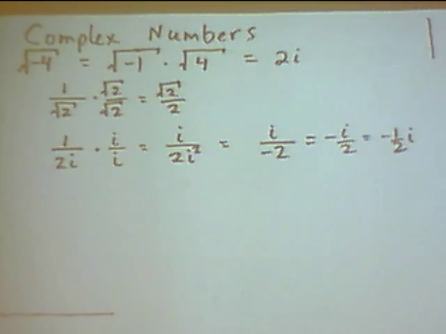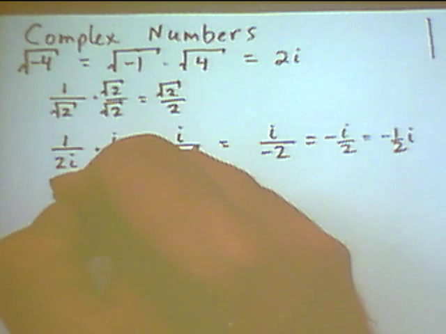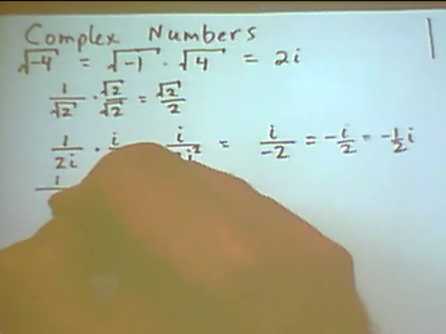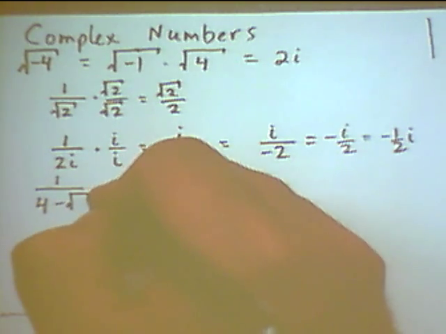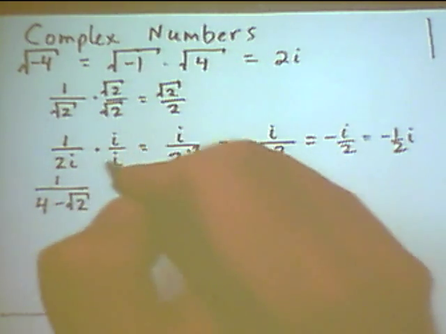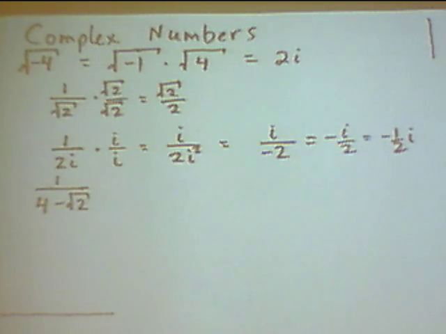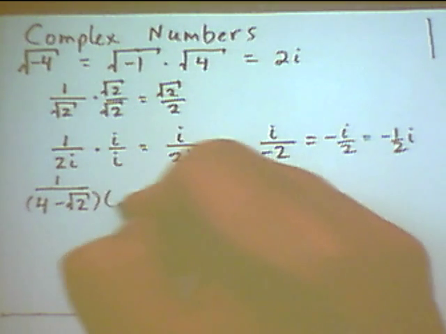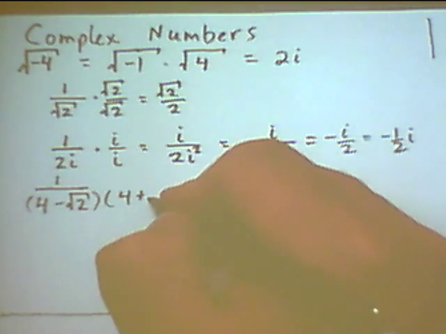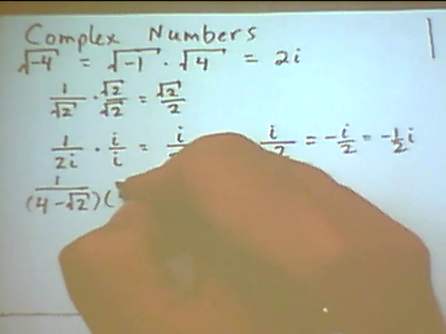As a matter of fact, if you remember, sometimes we had this kind of problem where you had a square root, not by itself, but as one term in a binomial. And if you recall, the way we got rid of that square root out of the denominator was to multiply top and bottom by the conjugate. Remember, the conjugate means the same two terms, but you change the sign.